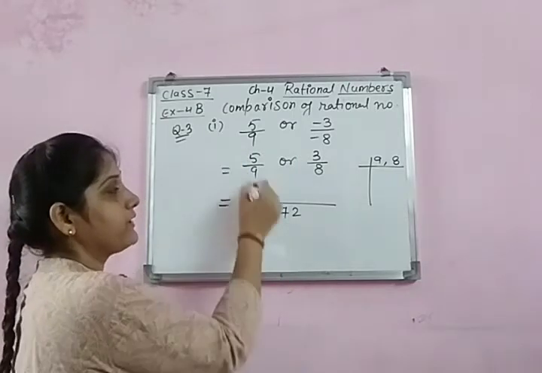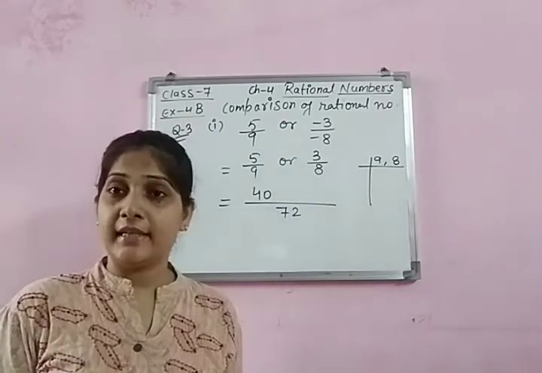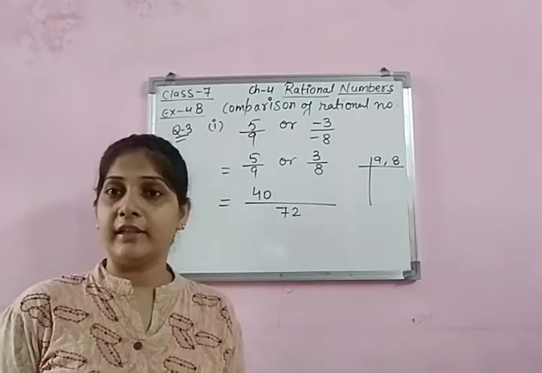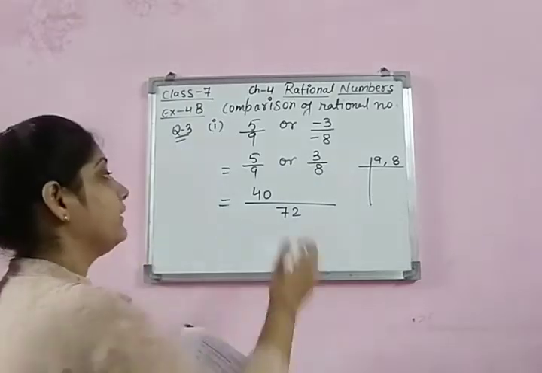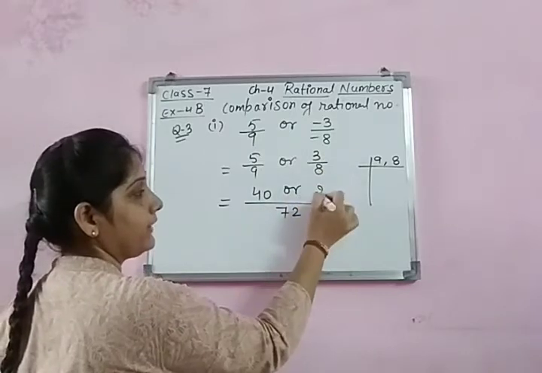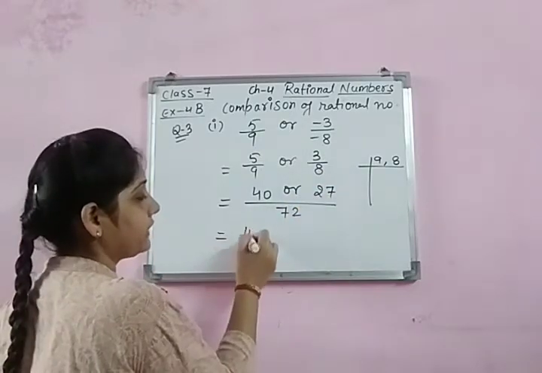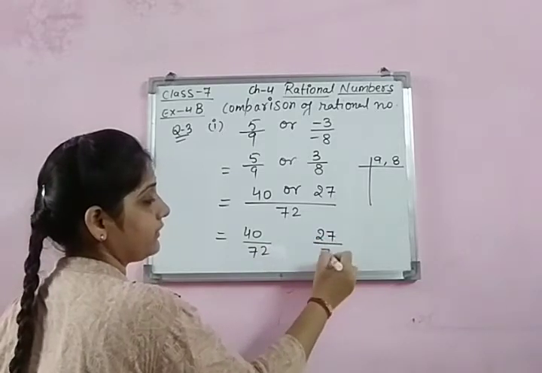Now 8 5s are 40. Divide by the denominator. Whatever quotient you get, that quotient will be multiplied with the numerator. Or 8 9 times 9 3s are 27. So I got two rational numbers, 40 by 72 and 27 by 72.